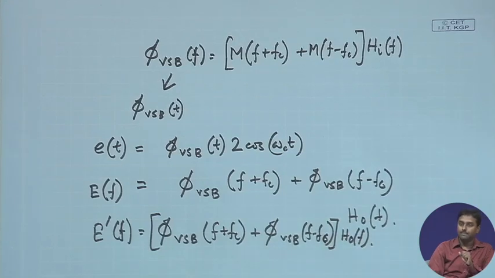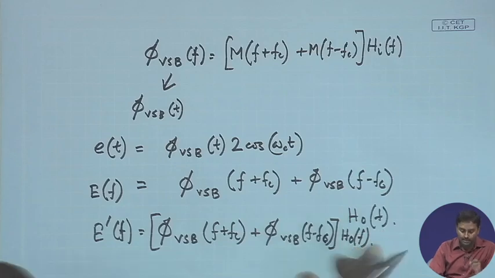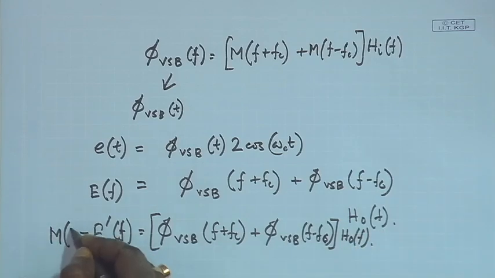And what do we expect? If I design my HO(f) correctly, this should be my M(f). I should get my signal back because I am doing the demodulation.